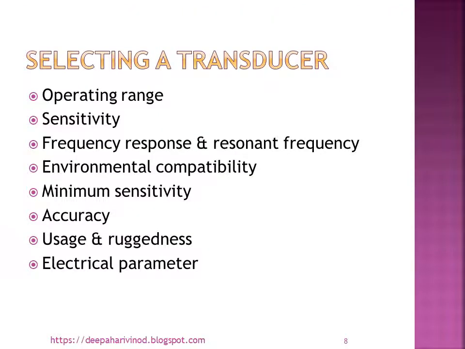Now, selecting a transducer. How to choose a transducer? When we select a transducer, we have to keep all the things in mind, like operating range, sensitivity of the transducer, frequency response and resonant frequency, environmental compatibility, minimum sensitivity, accuracy, usage and ruggedness, electrical parameter.